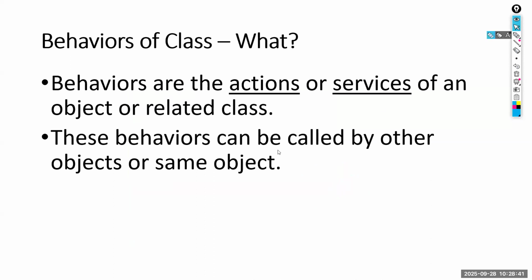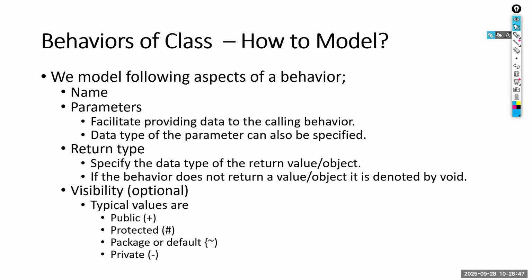But again, we don't show whether it's an instance behavior or class behavior in a class diagram. That is an implementation consideration. Right? And you need to give the behavior name, like make payment, parameters, return type, if not returning anything void, and of course, visibility. Okay. Public, protected, package, and private, same symbols.